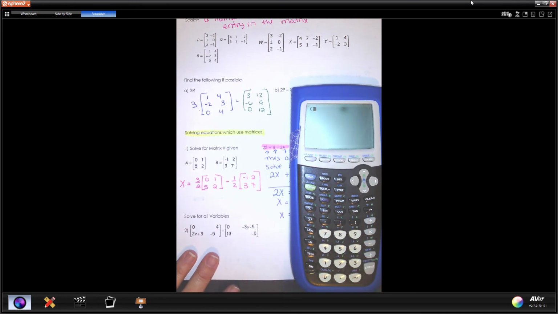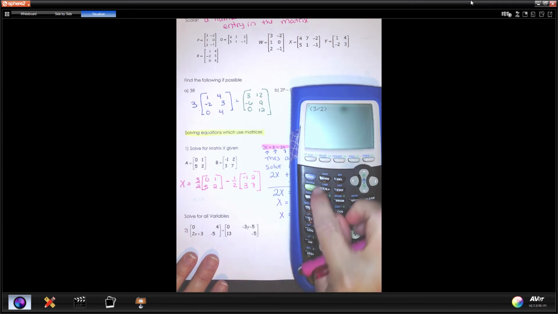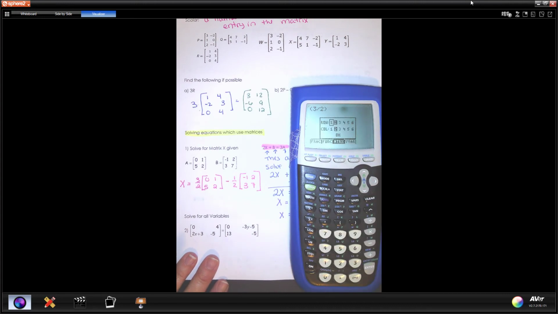So we have our scalar 3/2, and then we're going to multiply that by matrix A. So we have our alpha zoom, and if we recall, this is a 2 by 2. And so then that happens to be 0, 1, 5, 2. And then from that, we're going to subtract 1/2.